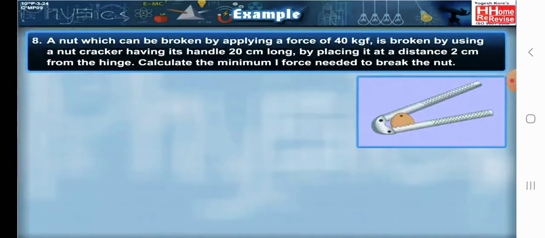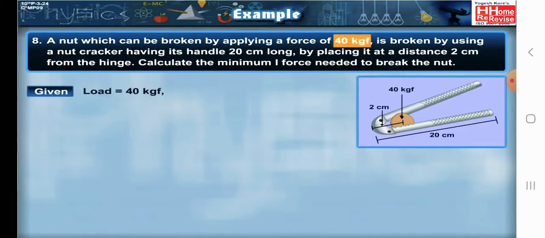Example 8. A nut which can be broken by applying a force of 40 kgf is broken by using a nut cracker having its handle 20 centimeters long by placing it at a distance of 2 centimeters from the hinge. Calculate the minimum force needed to break the nut. Given load is equal to 40 kgf, what is effort?